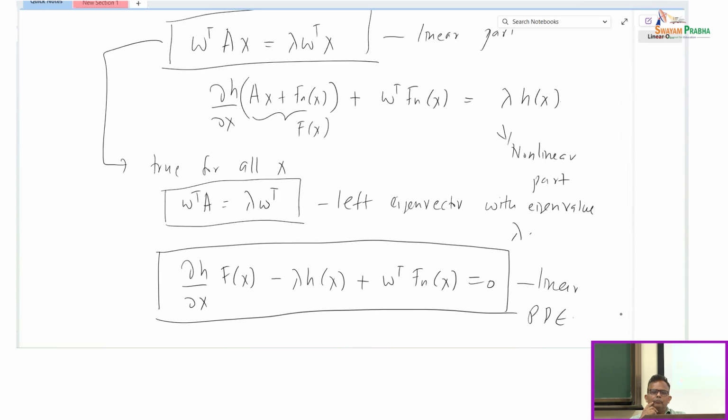Now, let's say you have a system with a stable equilibrium point, and it has some domain of attraction.